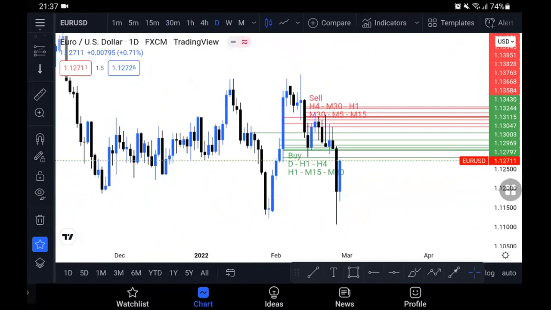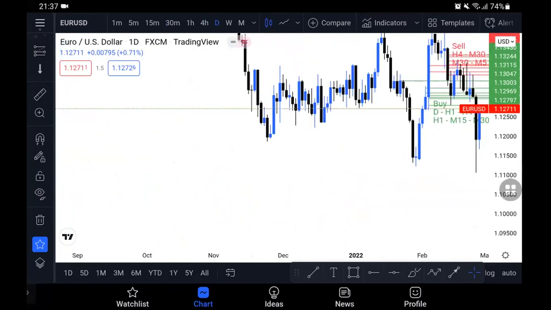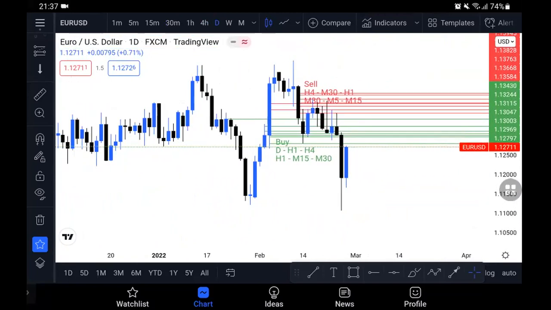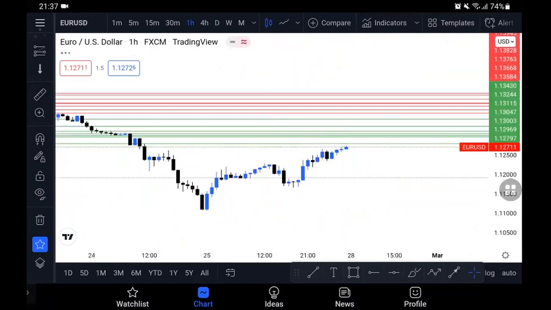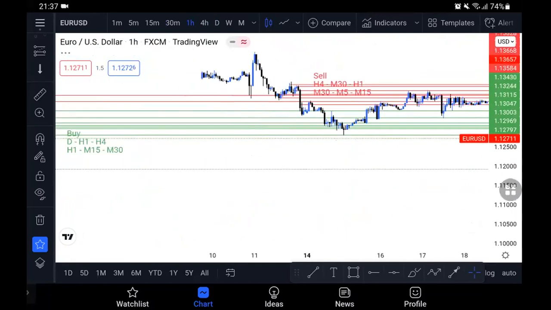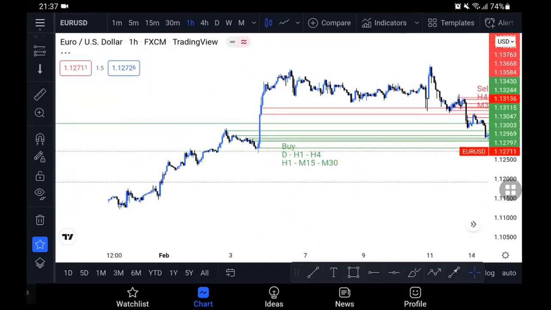So for the buy is daily, H1 or M15 to put the missed trend line. So on the daily, maybe we don't have any structure over here. So maybe we can put at H1.